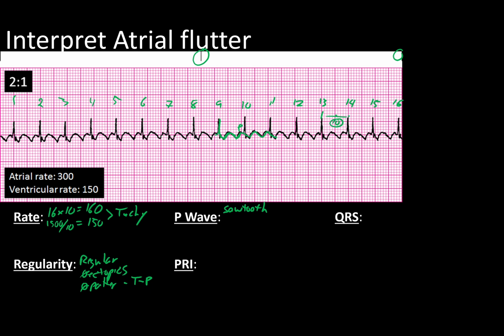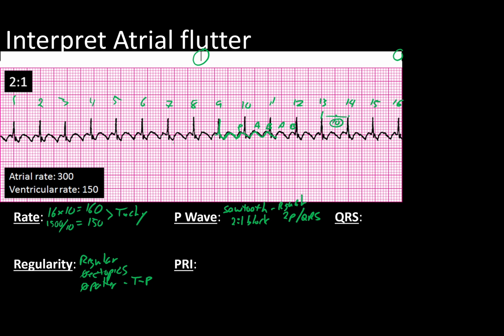And so in this case, we're actually going to say that that's A, that's B, that's A, that's B. This is a 2-to-1 block. Or we can say 2 P's per QRS if you're used to think of it that way. It's very regular. What's our atrial rate since we've gone to the trouble of figuring this out?